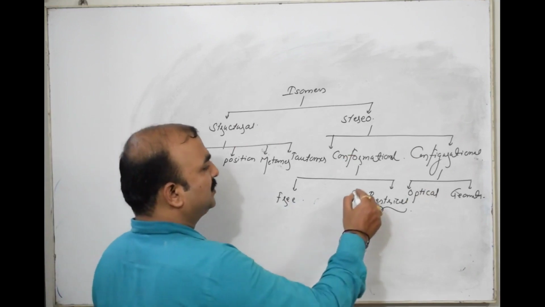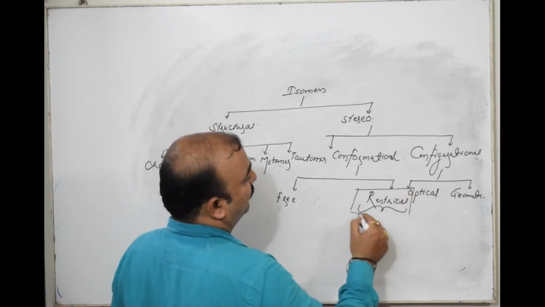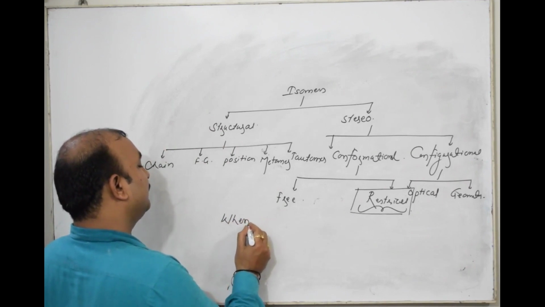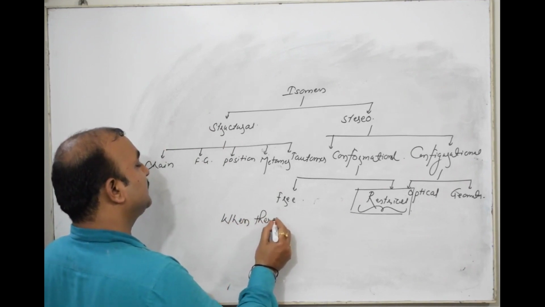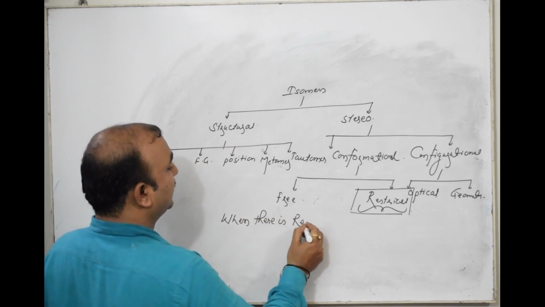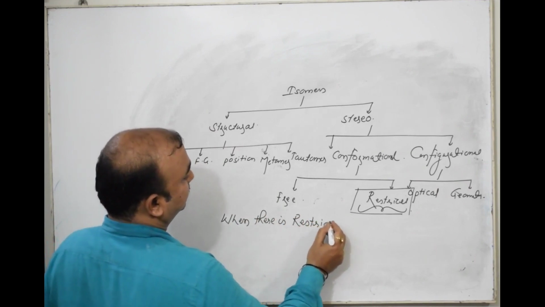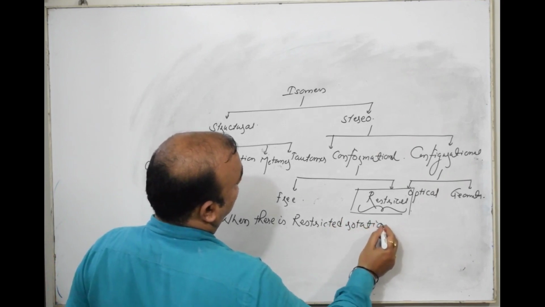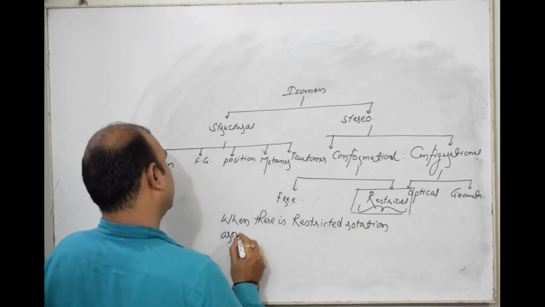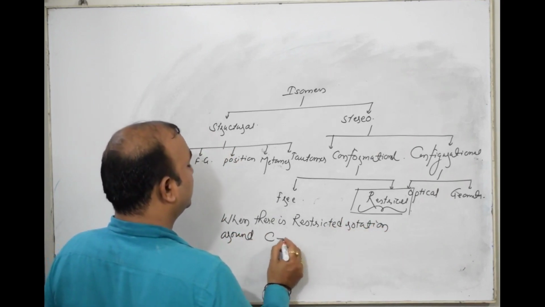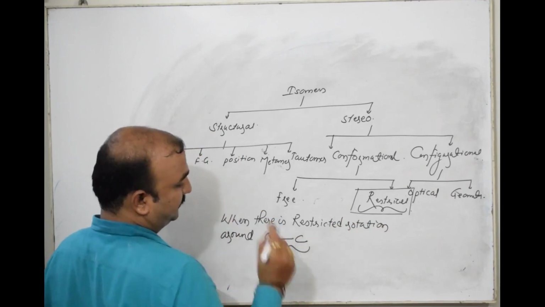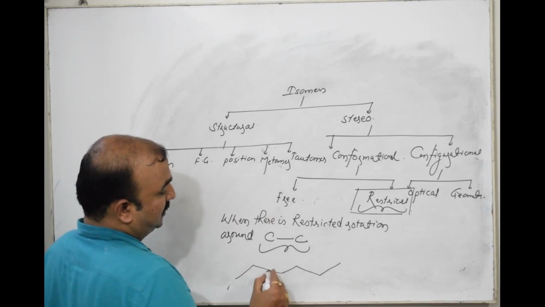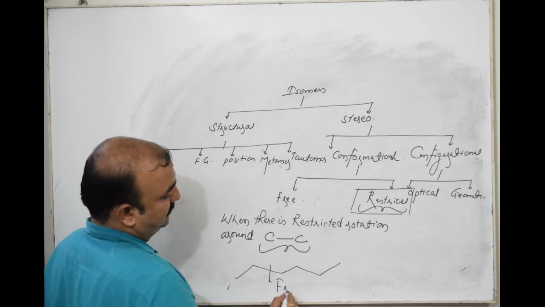Now the most important part, when there is restricted rotation around a carbon-carbon single bond. When there is an open chain compound, there is free rotation.